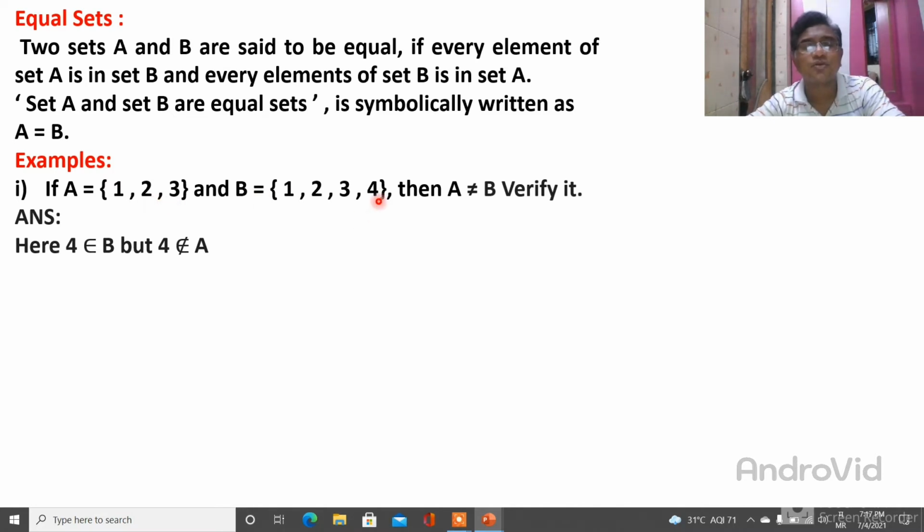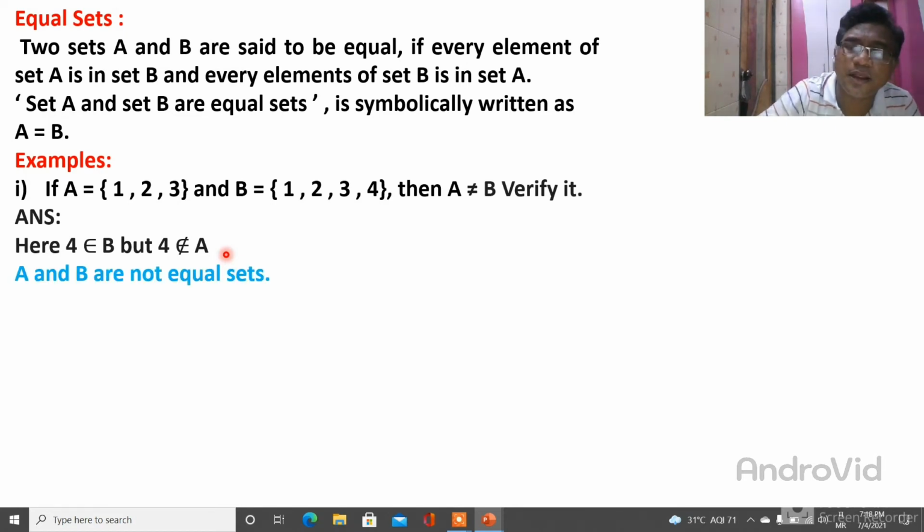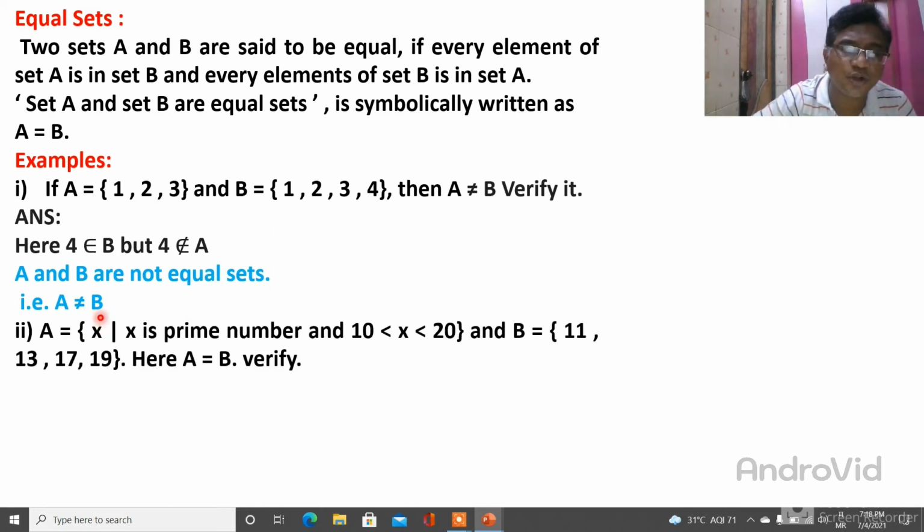But 4 belongs to B; this sign means belongs to. So I write 4 belongs to B, but 4 does not belong to A. So A and B are not equal sets. Do you understand why not equal? Because the elements are not the same in both sets. That is shown by A is not equal to B.